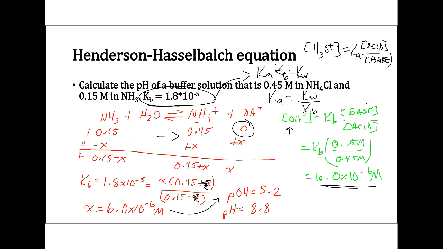And then that would give you your Ka, and then you could plug in for your acid concentration. Remember that the ammonium ion is going to be your acid form, and then your NH3, your ammonia, would be your base. So you'd have your Ka value that you calculated times 0.45 divided by 0.15, and you could find the pH directly. So all these ways are equivalent, but it's really personal preference. They should all get you to the same point.